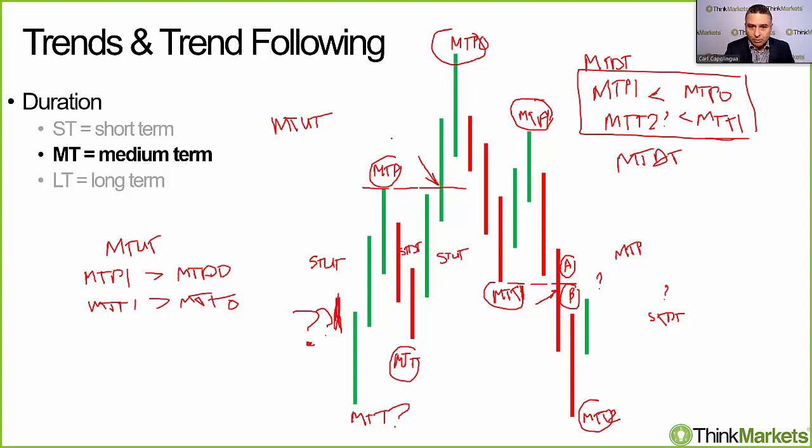It makes this the point of the medium-term uptrend, and we'll put an extra T on it to say it's a medium-term uptrend trigger, because the medium-term troughs are rising. We don't know where the next medium-term peak is going to be because it hasn't occurred yet, but we know wherever it does occur, it will be higher than this medium-term peak.